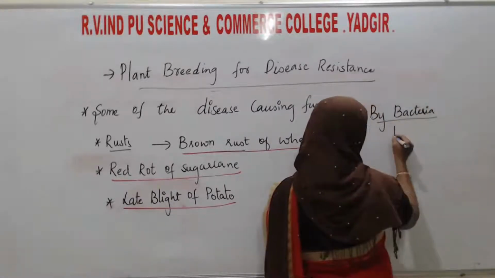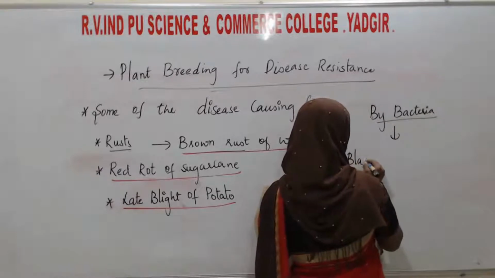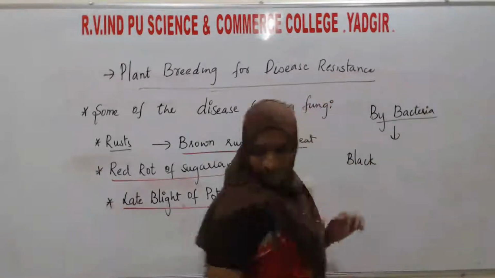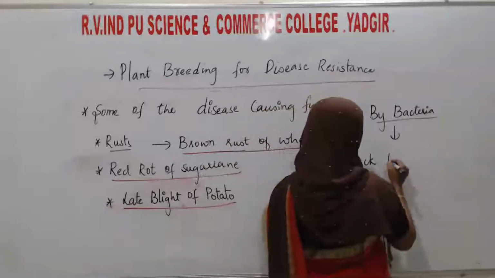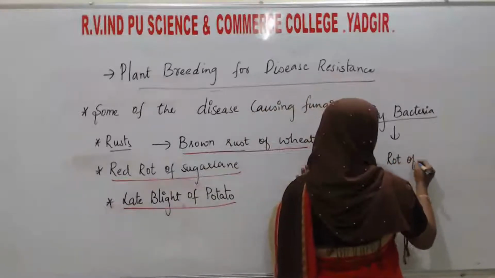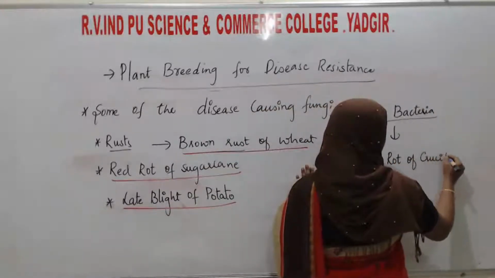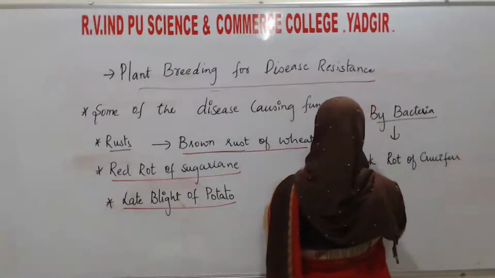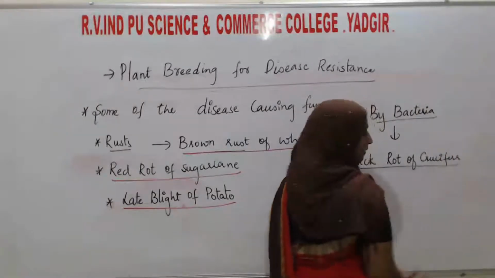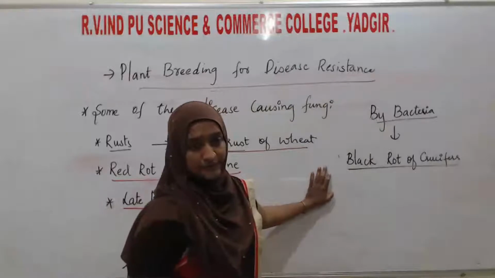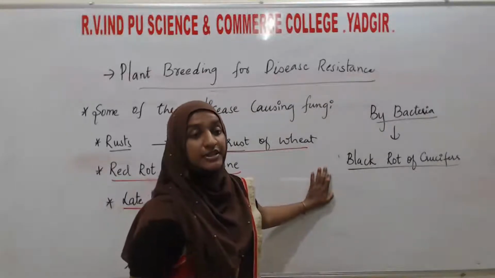That is the black rot of crucifers. In the crucifers, a bacterial infection is going to occur, and that is known as the black rot of crucifers.